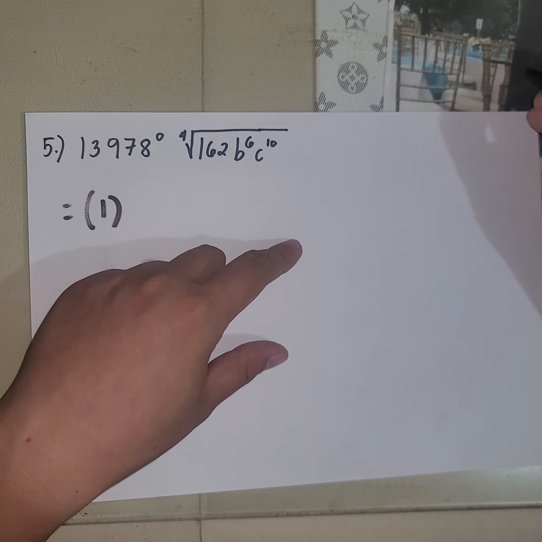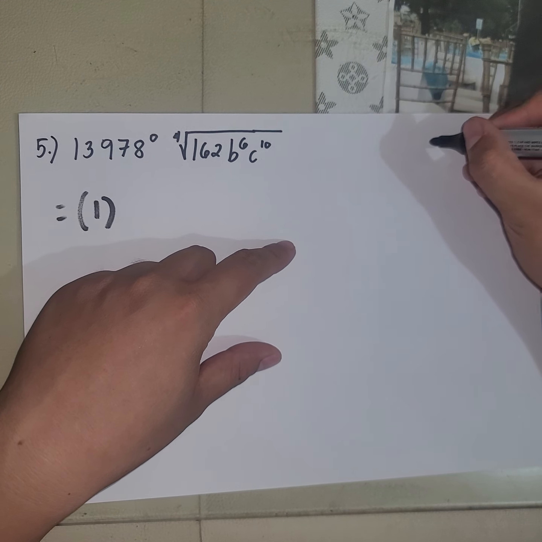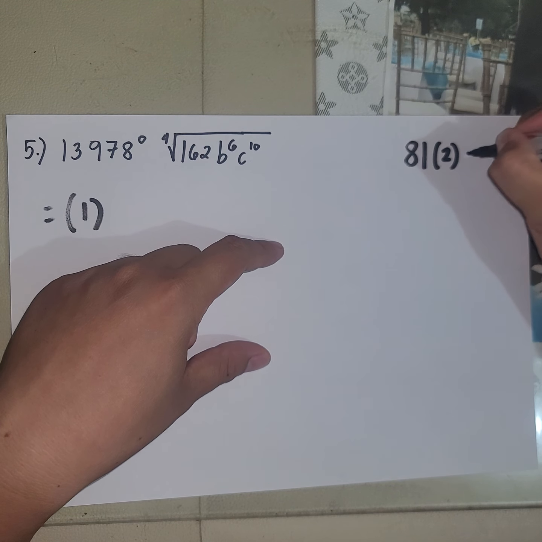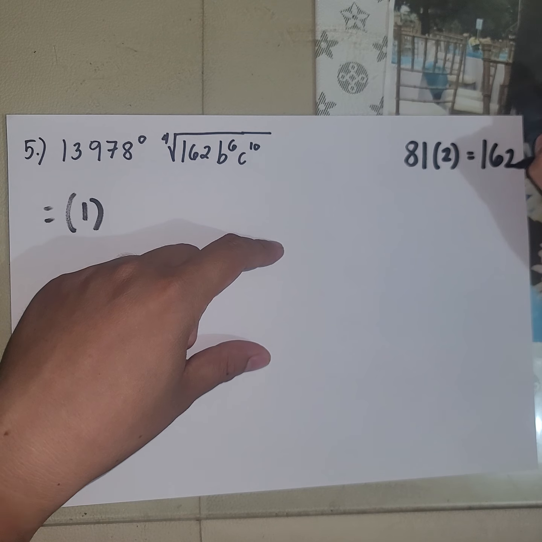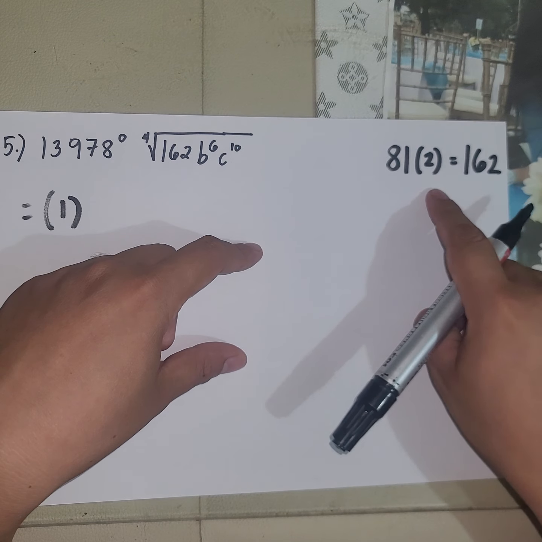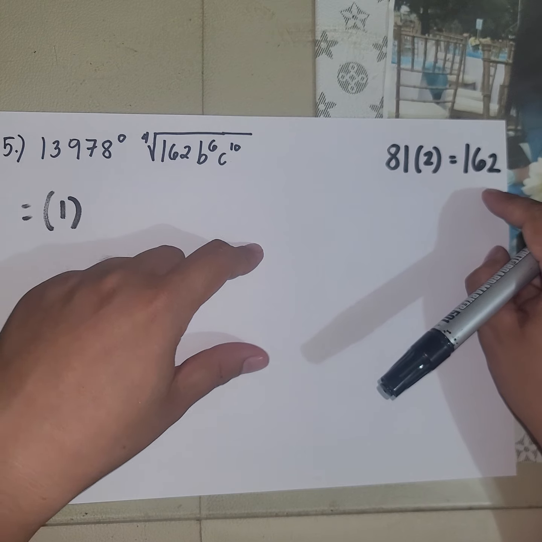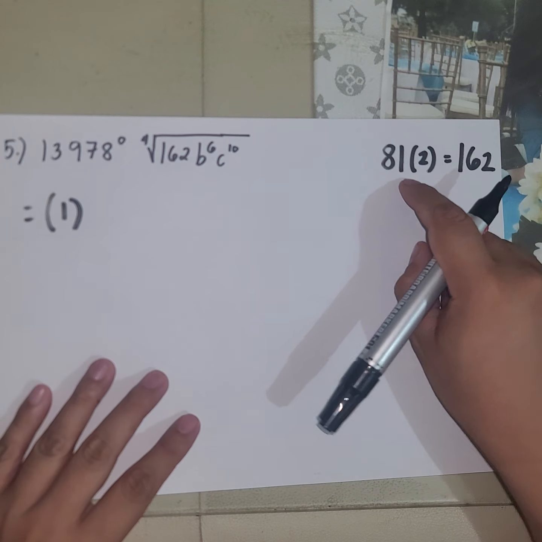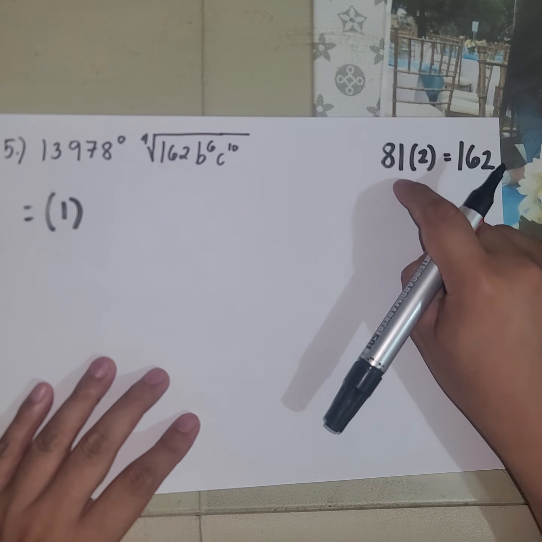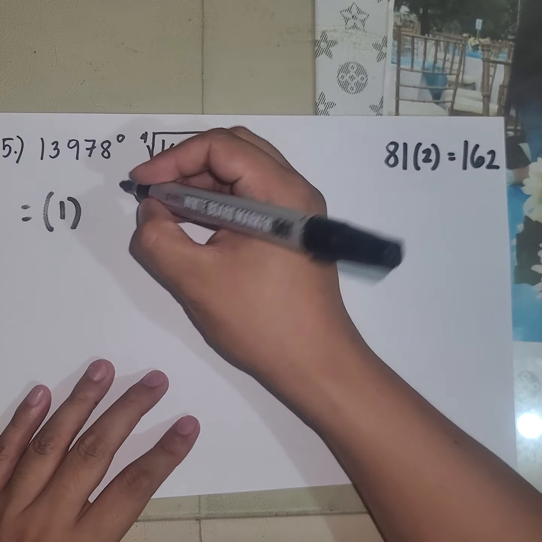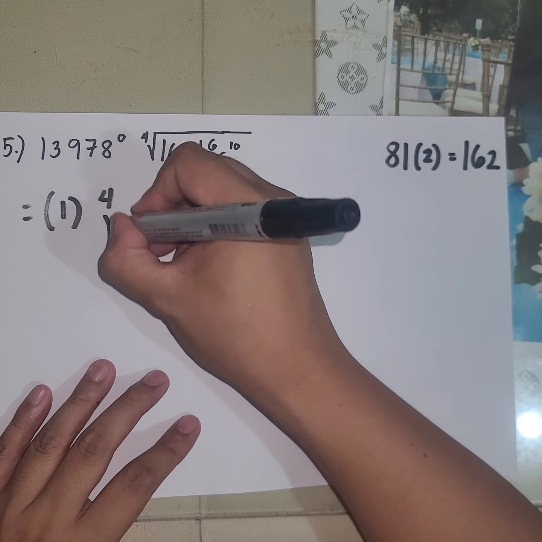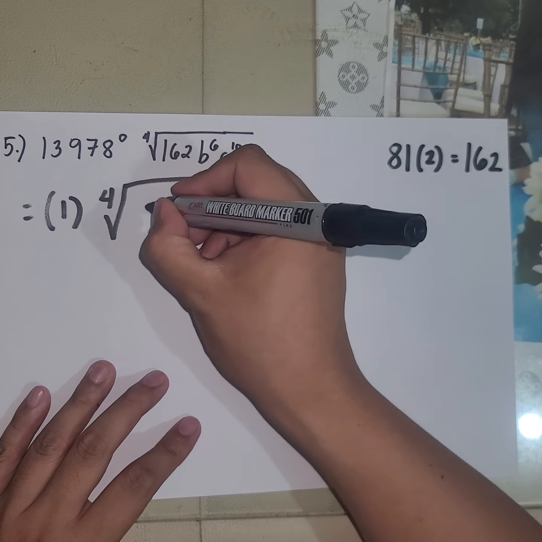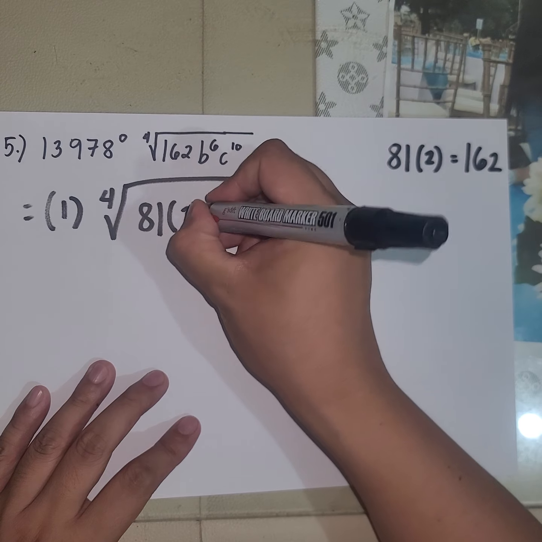Kung iisipin ninyo, using your calculator, 81 times 2 ay equivalent kay 162, wherein yung 81 is a perfect fourth power number. So, palitan natin yung 162 ng 81 times 2. So, copy the radical sign fourth power. That is 81 times 2.